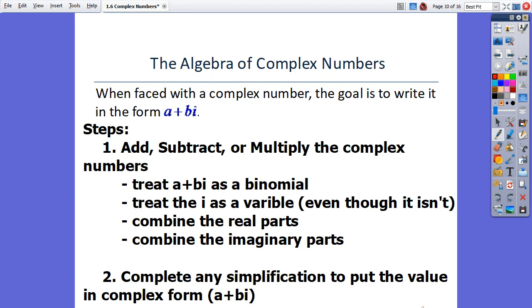So when we get to multiplication and some of the examples, you'll see that, but make sure every answer we get should be able to be written in this form. So we shouldn't have I squares or I cubes or I to the fourth, nothing like that. Those should all be converted over to where every answer you get should be able to be written in complex form, A plus BI. And so that's what I have at number 2 is make sure to put the value in complex form, A plus BI.